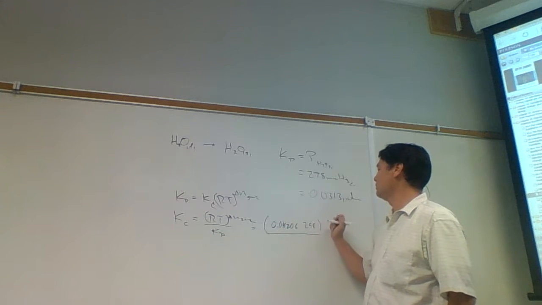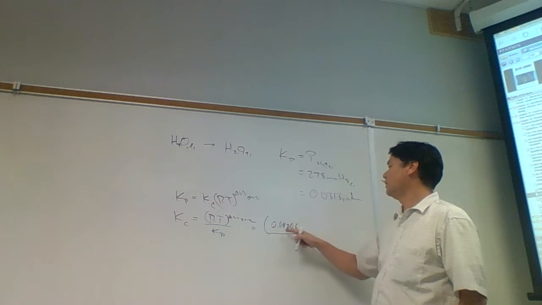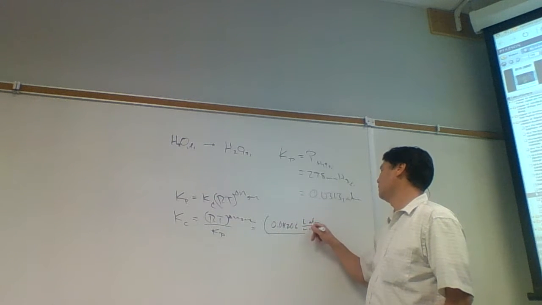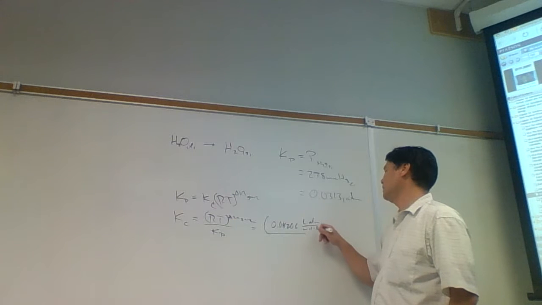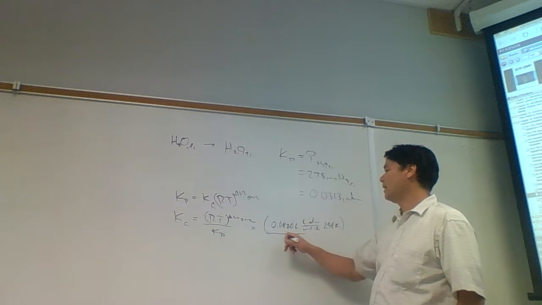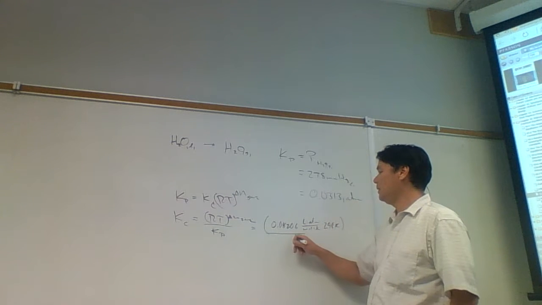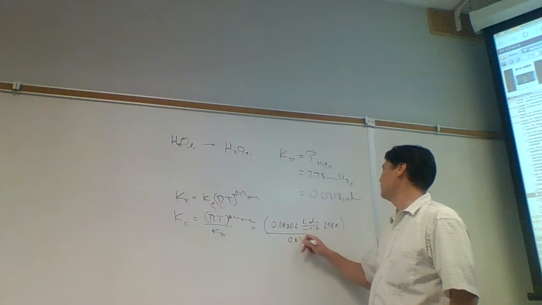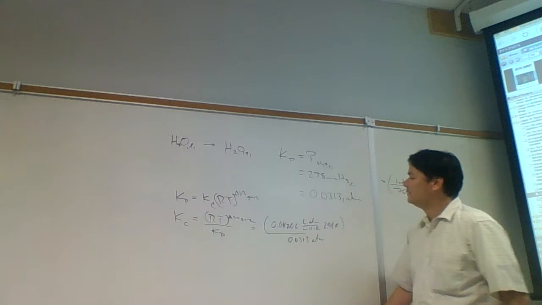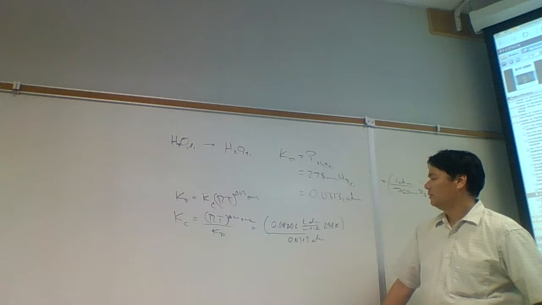Let's see if the units work out. And so 0.08206 liters atmosphere per mole Kelvin times T, which is 298 Kelvin, divided by Kp, which is 0.0313 atmospheres. Actually, you know what?